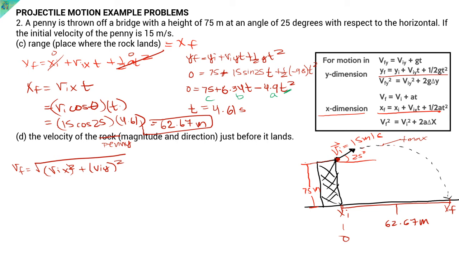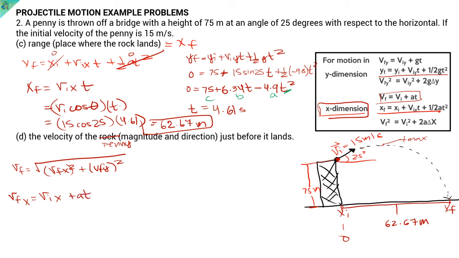Let's check. So our Vix on the x dimension here, we use this formula. Let's write it here. Sorry, this should be Vfx and Vfy. So our Vfx is equal to the Vix plus at.